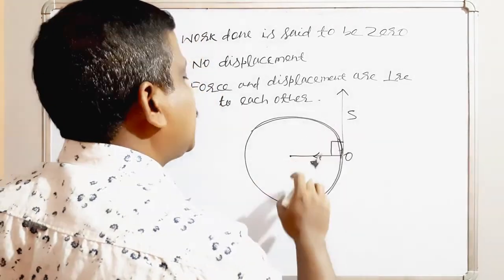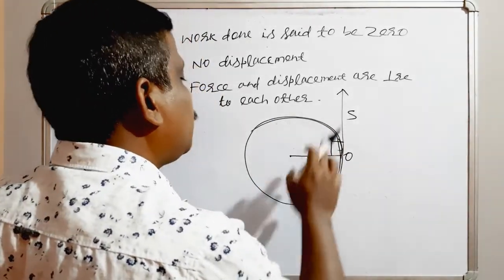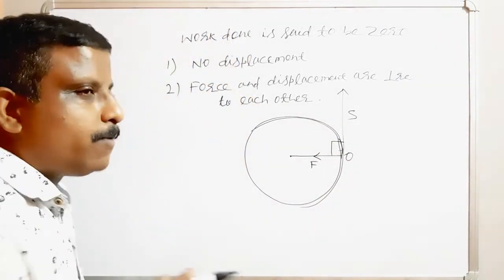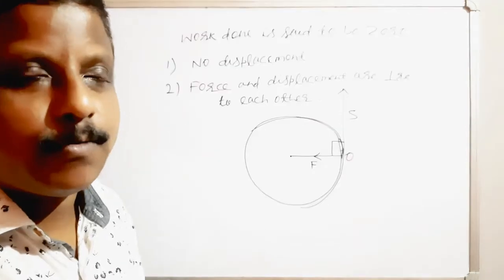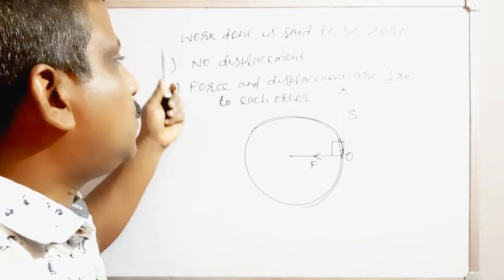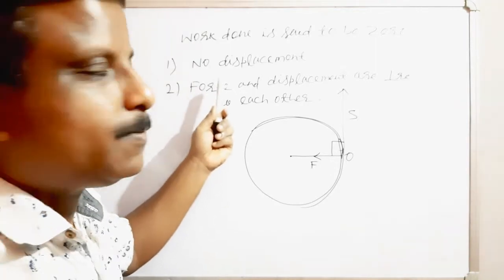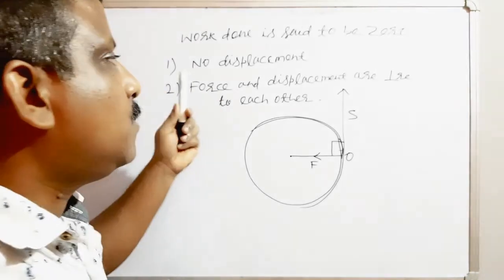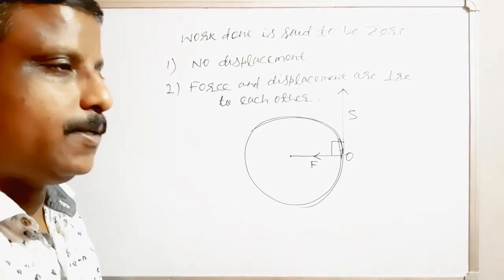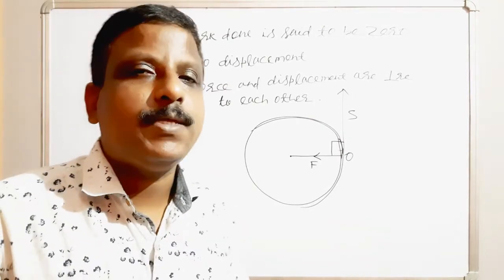We are rotating the ball with a string, we are applying the force, but work done is said to be 0. So there are two cases when work done is said to be 0: when force is applied but there is no displacement, and when force and displacement are perpendicular to each other.